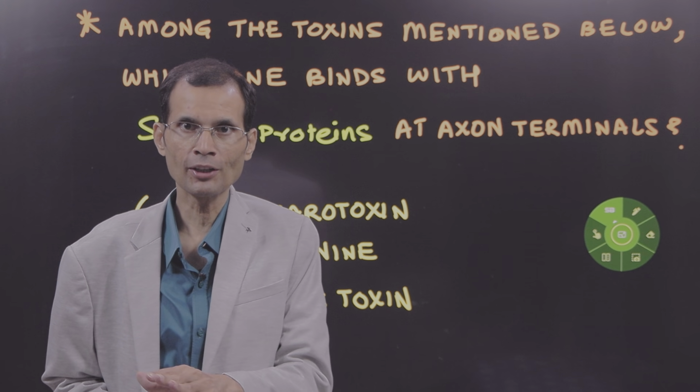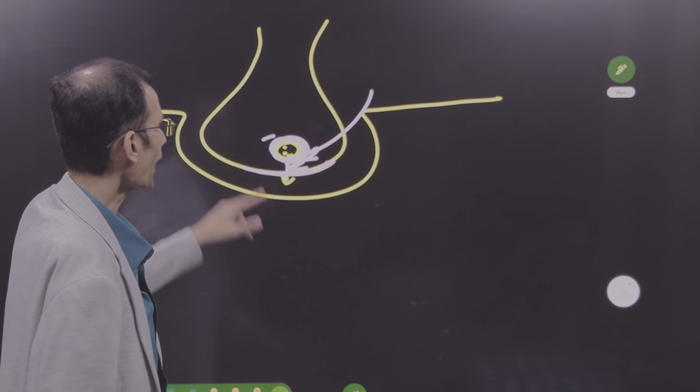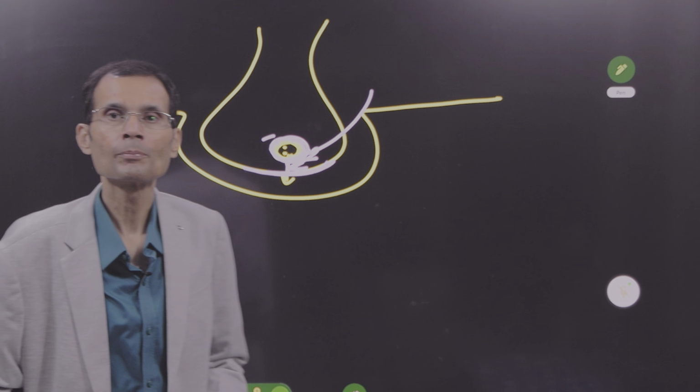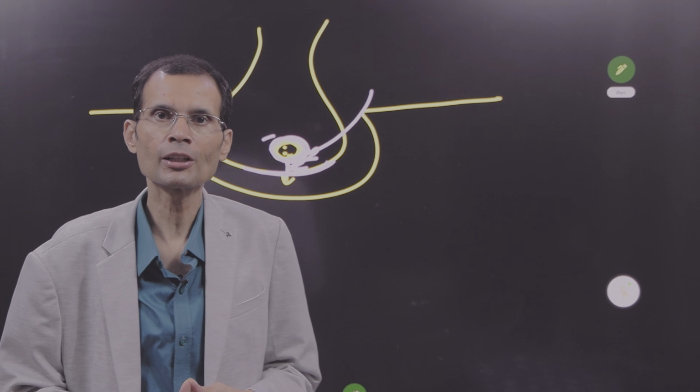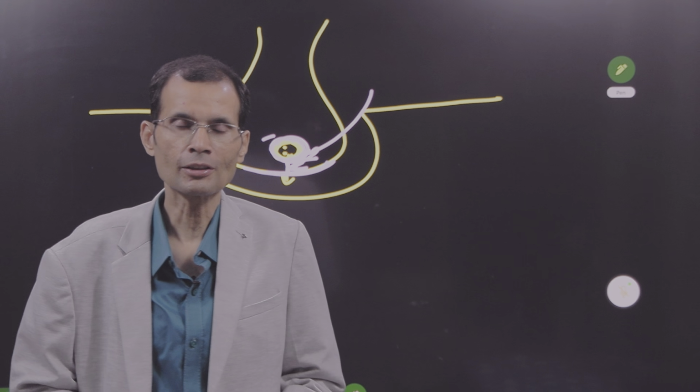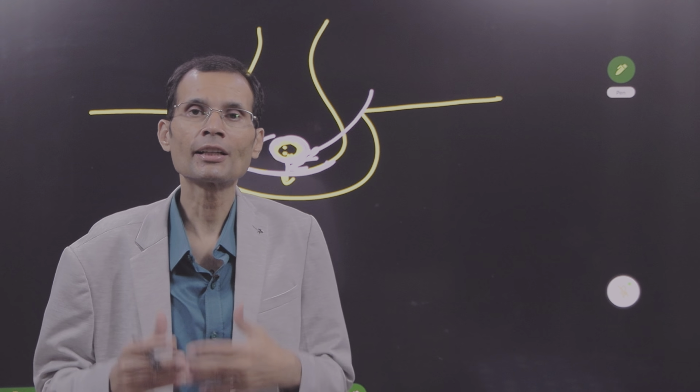They help in the formation of a bridge between the vesicle membrane and the presynaptic membrane, and therefore help in neurotransmitter release by exocytosis. If a toxin acts on the SNARE proteins, then obviously it will interfere with synaptic transmission, and therefore the answer was tetanus toxin.